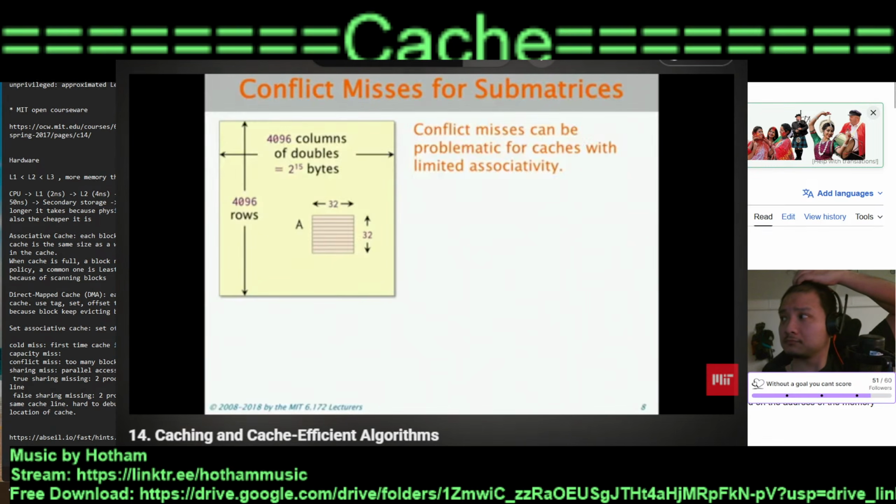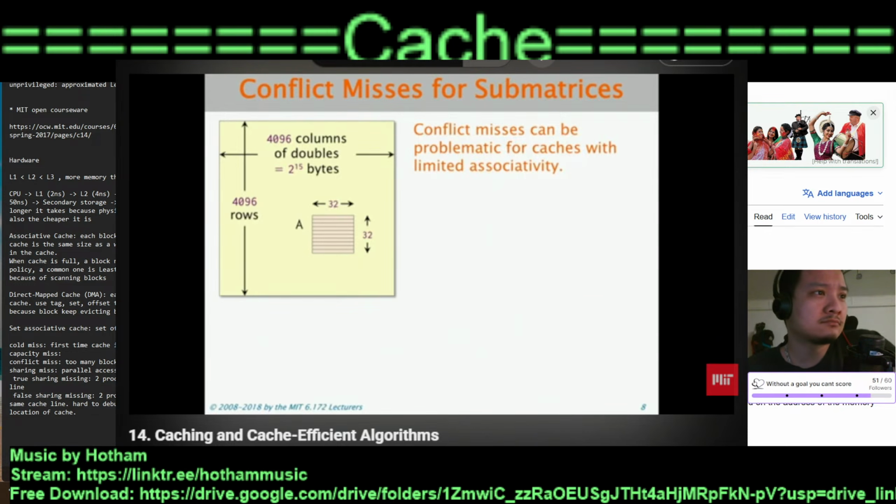So let's look at a bad case for conflict misses. Here I want to access a submatrix within a larger matrix, and recall that the matrices are stored in row major order. Let's say our matrix is 4,096 columns by 4,096 rows, and it stores doubles.